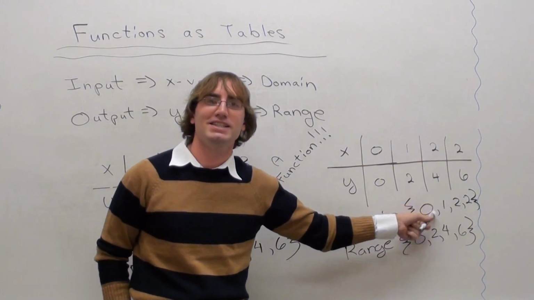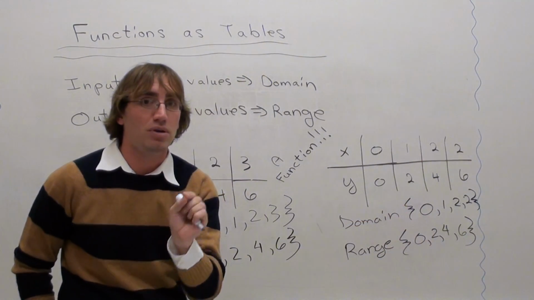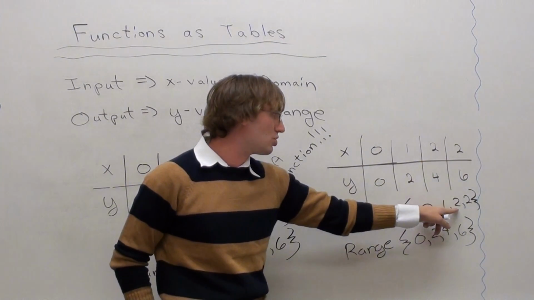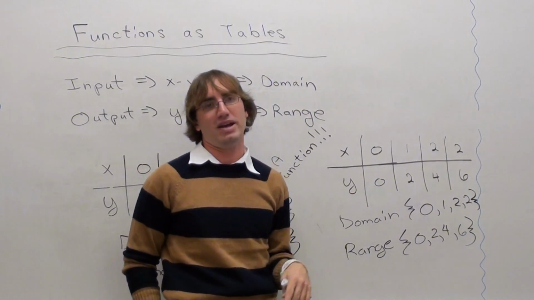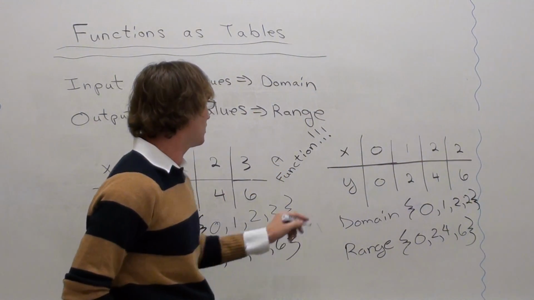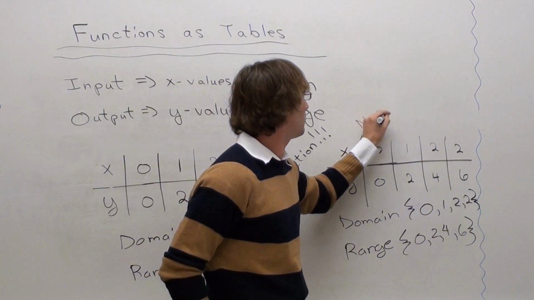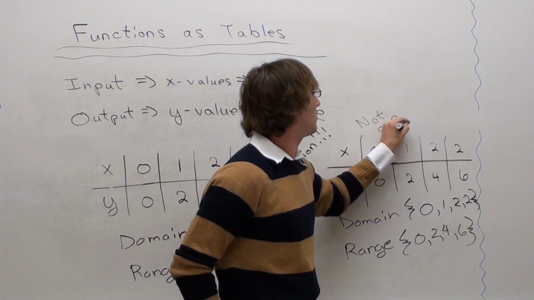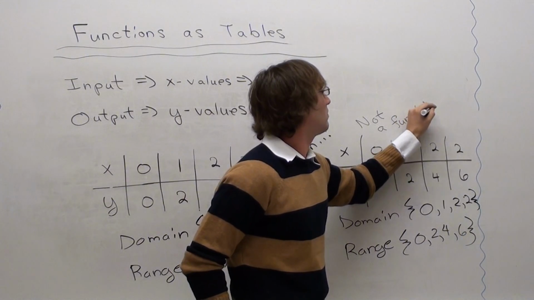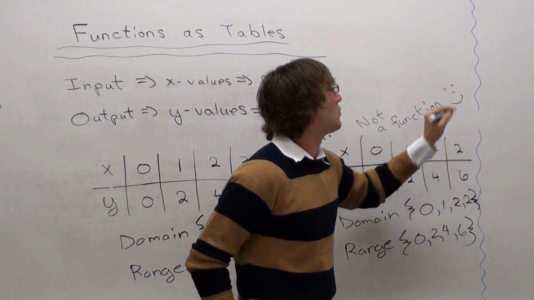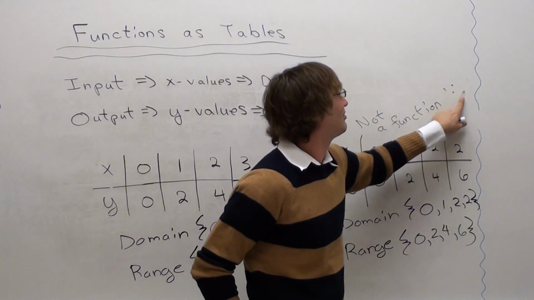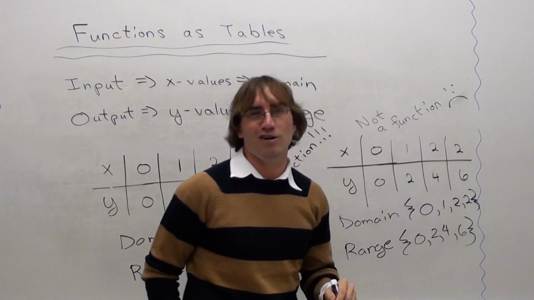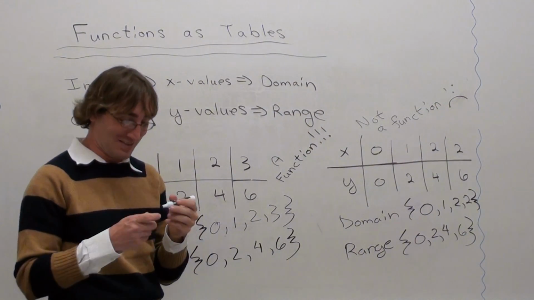Not a function because I see the same number in the domain more than once. I see 2 twice, automatically not a function. So this one gets a sad face instead of a happy face.